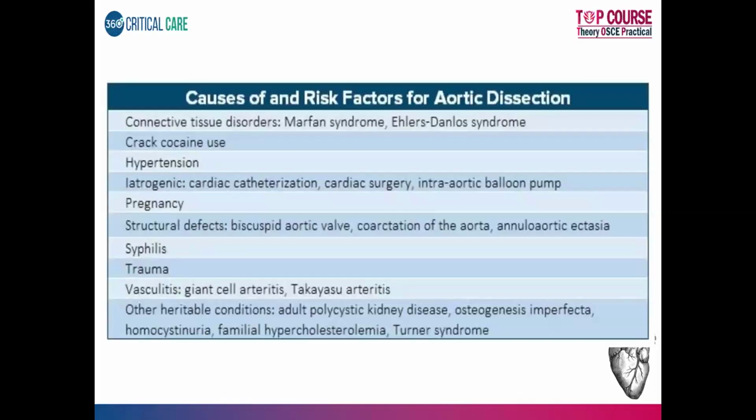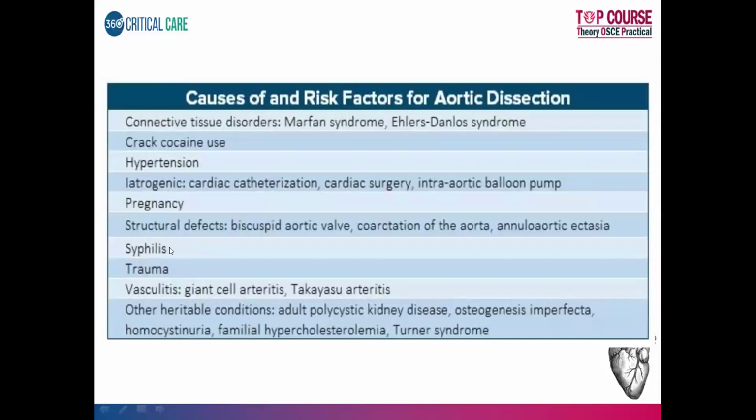Now coming to the causes or the risk factors for aortic dissection. So the most common cause is the connective tissue disorders like Marfan syndrome or Ehlers-Danlos syndrome. History of cocaine use, hypertension, iatrogenic secondary to cardiac catheterization or any cardiac surgery or due to IABP. Pregnancy is also one of the causes for aortic dissection.